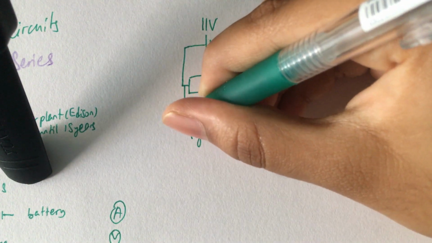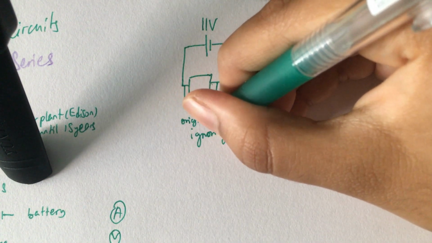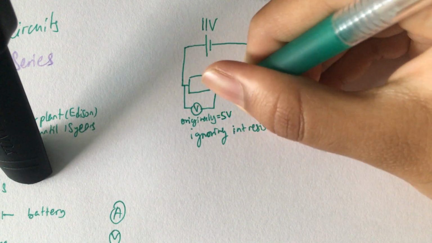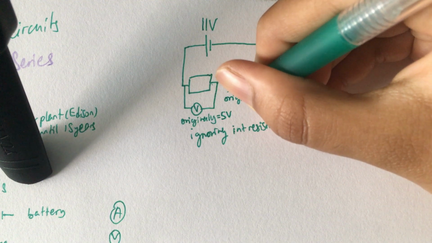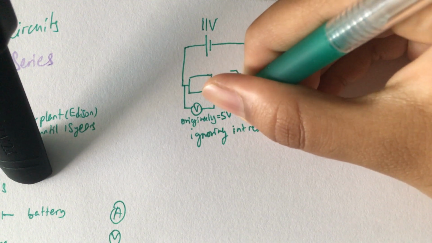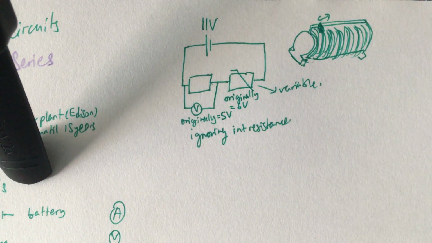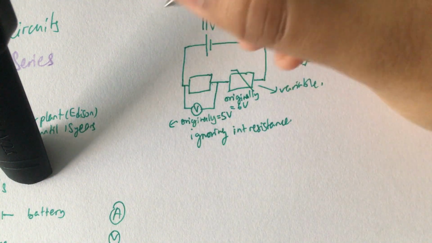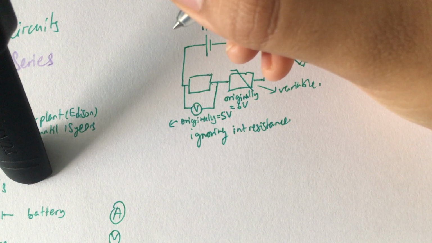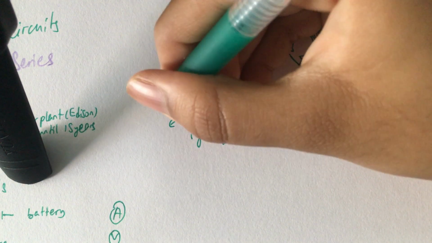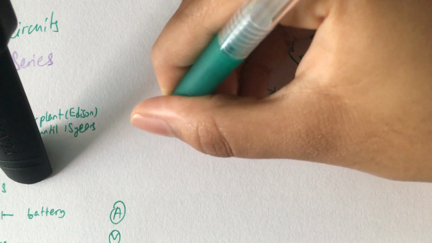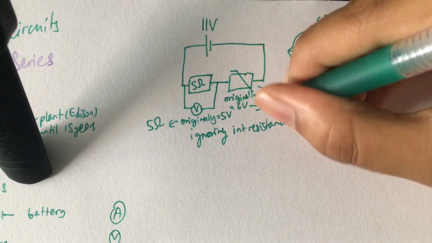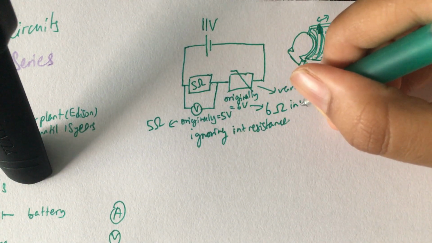So if it's 11 volts, and one has 5 and one has 6, you can change the resistance of the one with 6, for example, and make it only take up 4 volts, and then the other one will end up having 7 volts. And how do you do that? You change the resistance, and the ratio of the resistances will give you the ratio of the potential difference that you get there. So what do I mean?